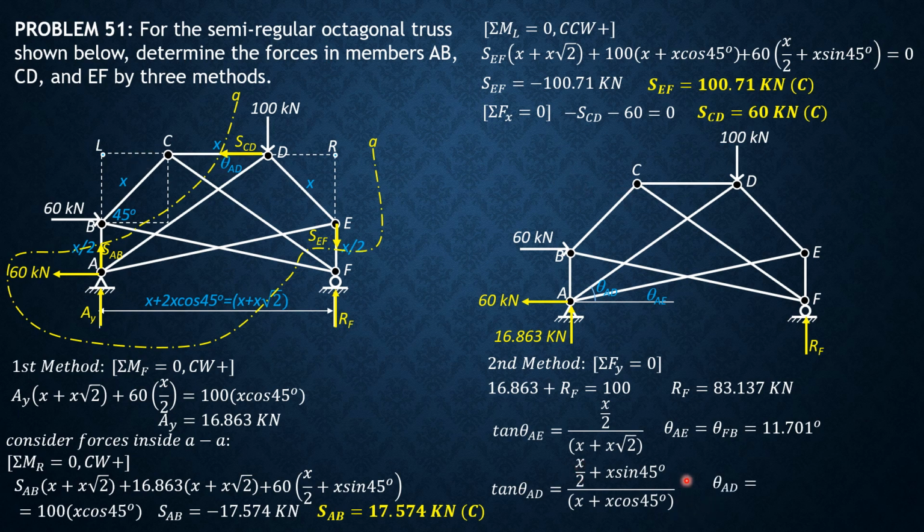Cancel X. Theta AD, which is equal to theta CF, is 35.264 degrees. And remember, BC and DE make an angle of 45 degrees with the horizontal. Then we analyze joint C on the next slide.